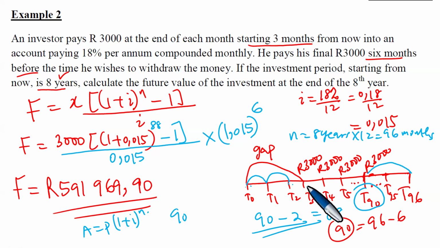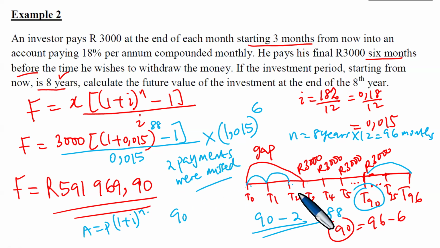Because he only started at T3, it means that 2 payments were missed. If he started at T3, how many payments did he miss? He missed only 2.